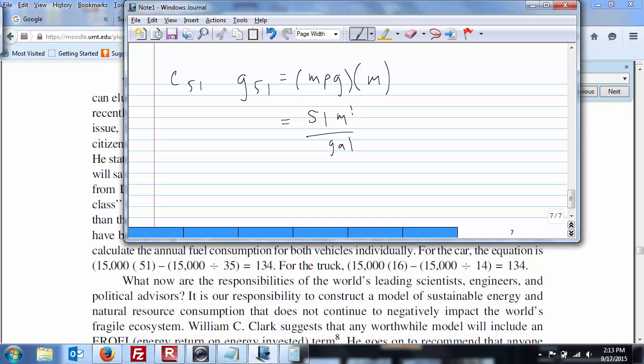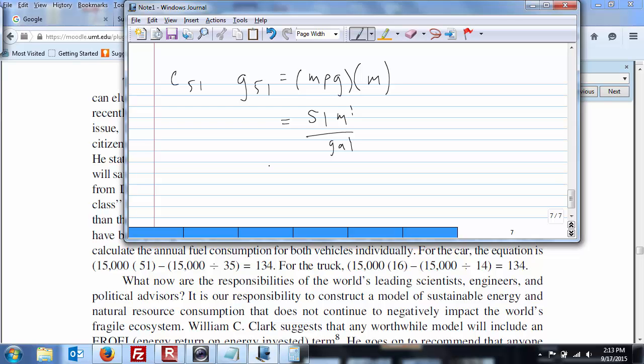Yeah, I think I did kind of jam that all into one little deal here. Let's turn it around and let's do gallons per mile, and that way we can get at the total number of gallons burned. So let's do it this way.